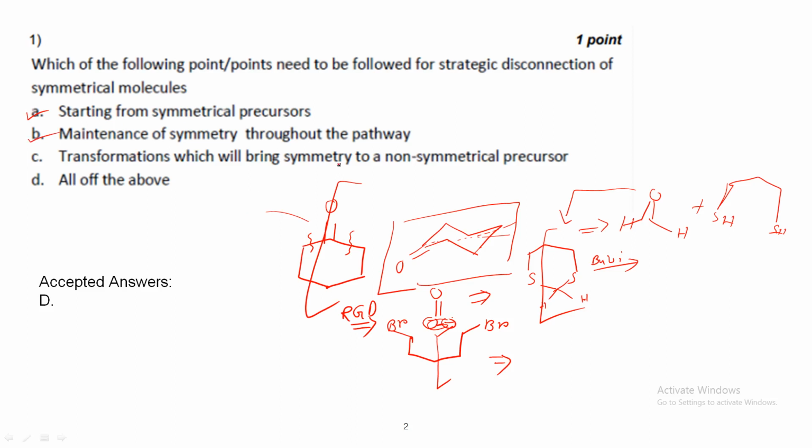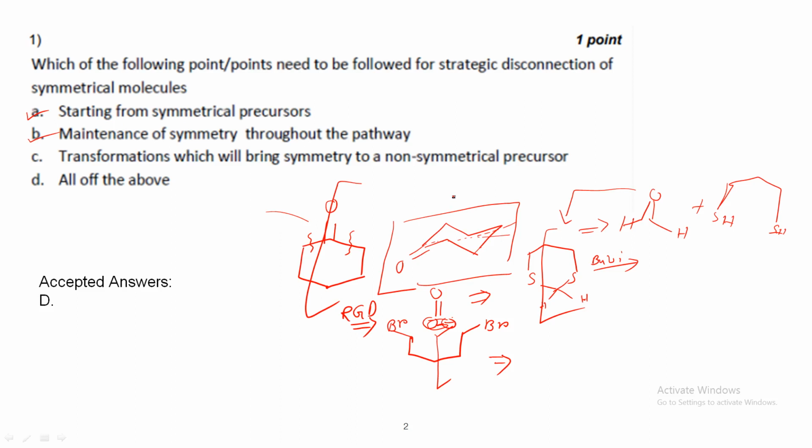And the next point: a transformation which brings symmetry for non-symmetrical purposes. For this case it's easy, so we can easily maintain the symmetry of this target molecule. But you may face some molecules where maintaining the symmetry is problematic, or where, even if we maintain it, there may be other paths available that are superior.